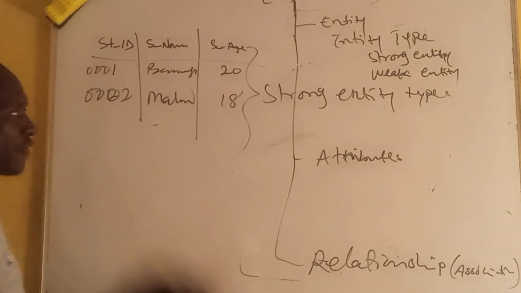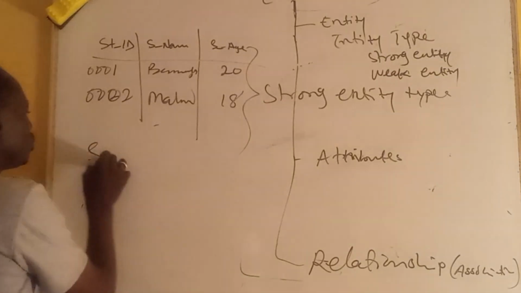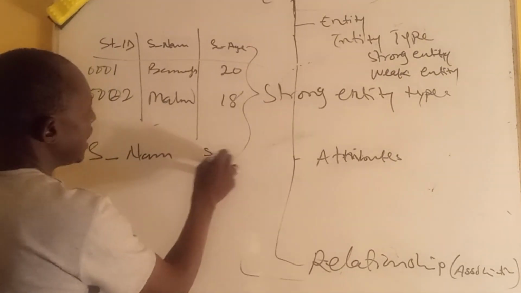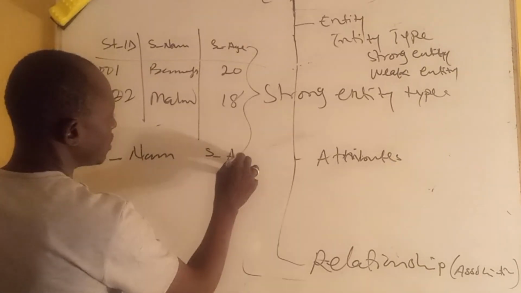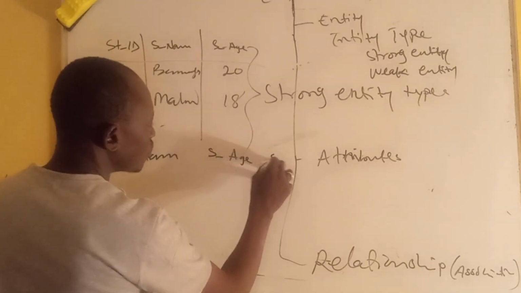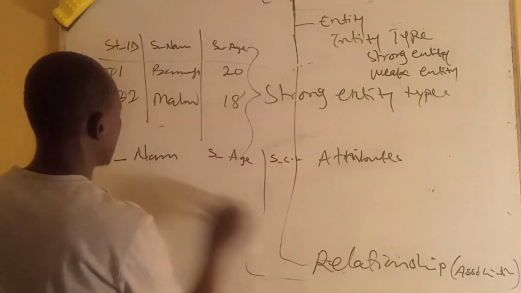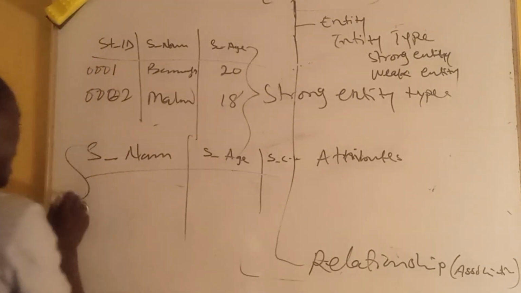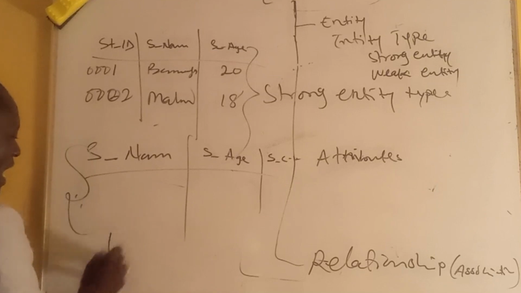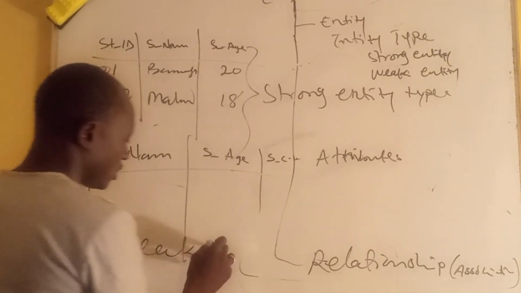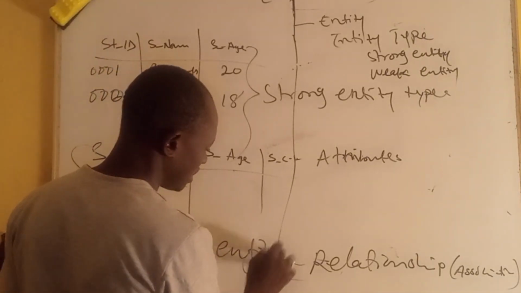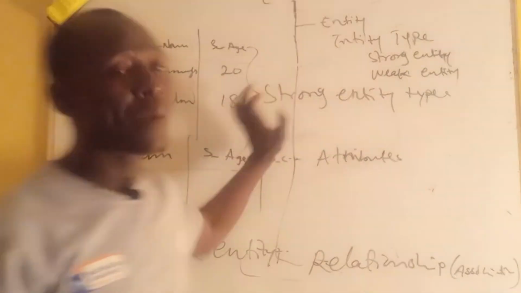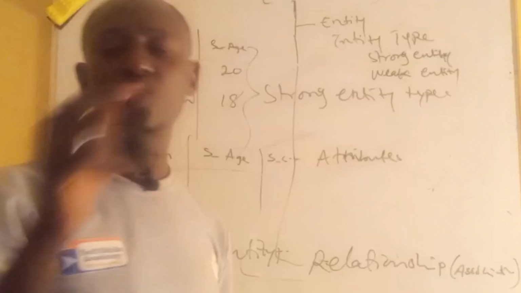Now, if we have another table with just serial, student name, student age, student course of study, and what have you, this very table is going to be regarded as a weak entity type because it does not contain a primary key.